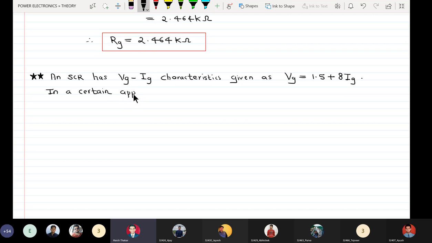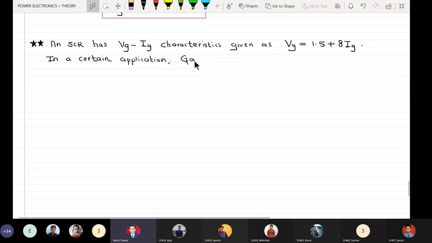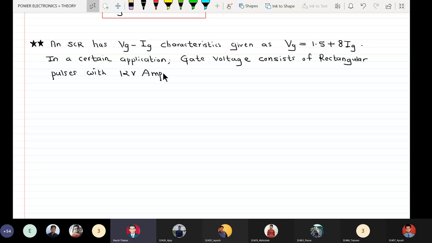In a certain application, the gate voltage consists of rectangular pulses with 12-volt amplitude, 50 microseconds duration, and duty cycle equal to 0.2.